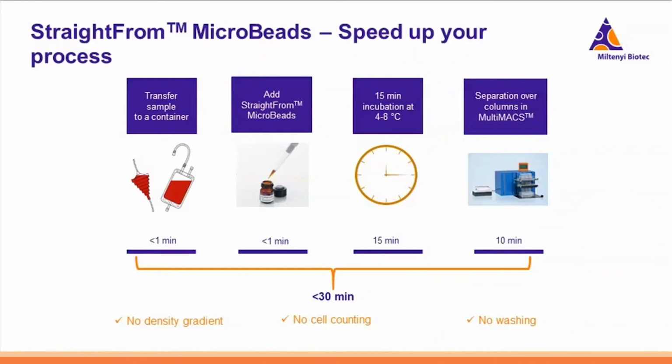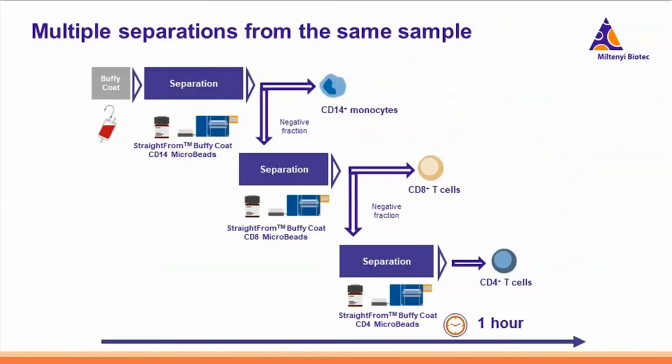You don't need any density gradient. You don't need to count or wash your cells. And the whole process from A to Z requires only 30 minutes. This is an example of multiple separations from one sample using straight-from technology.